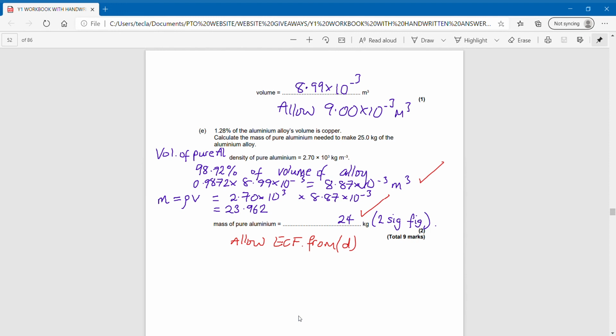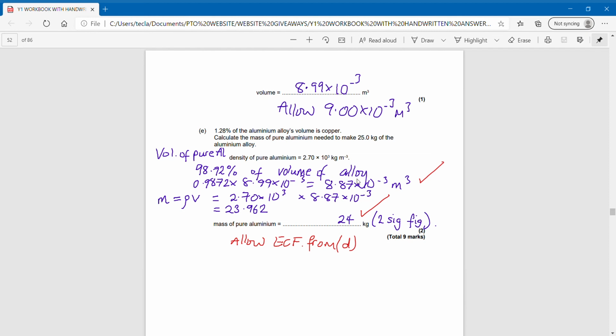So we're going to need 98.72% pure aluminium of the volume of the alloy. So it's 0.9872 times 8.99 times 10 to the minus 3 equals 8.87 times 10 to the minus 3 meters cubed. So that's just finding the volume of pure aluminium needed.